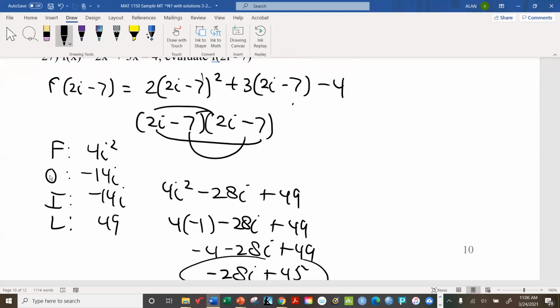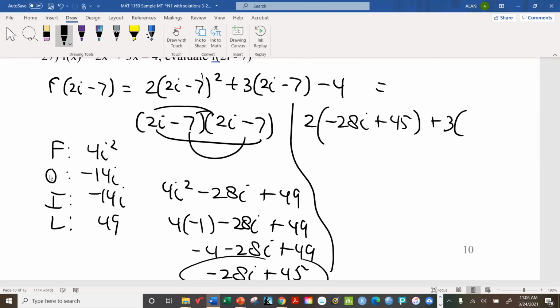So in other words, I can now replace this with 2 times (minus 28i plus 45) plus 3 times (2i minus 7) minus 4. Now I'm going to, of course, multiply across these parentheses.